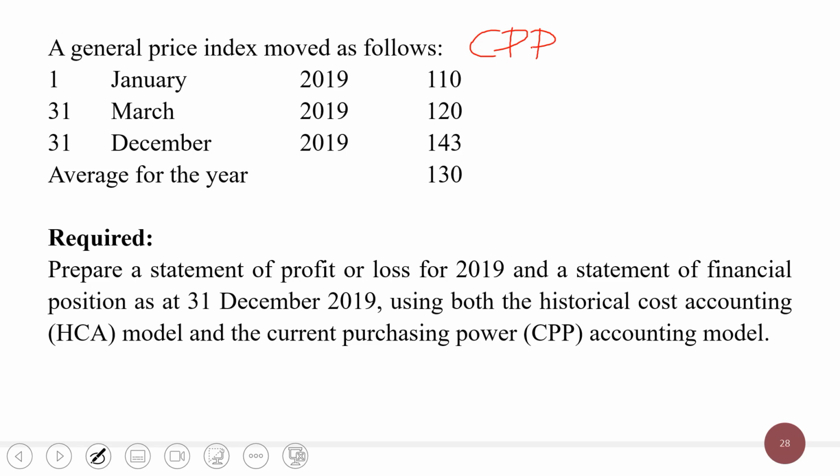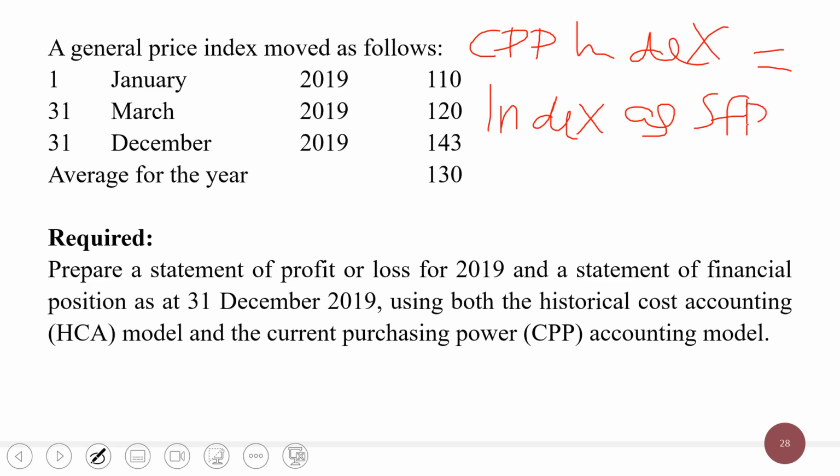CPP index is equal to the index at the statement of financial position date over the index at the date of entry.